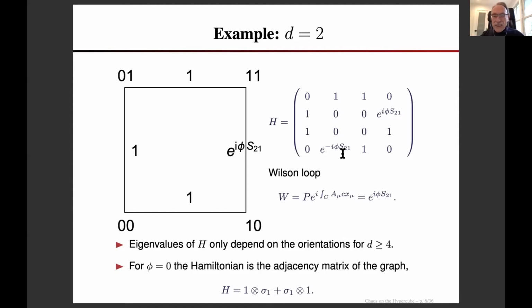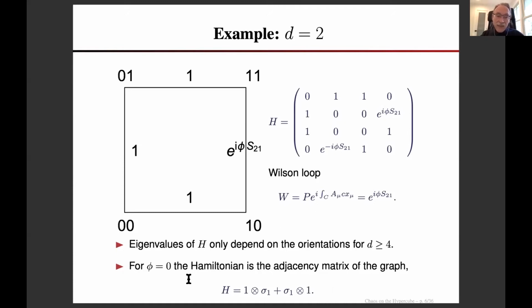What you also see is that if the phase is equal to 0, then what is on the diagonal is the tensor product of 2 Pauli matrices with 1, and what is on the off-diagonal is 2 identities, that is the tensor product of sigma 1 with 1.